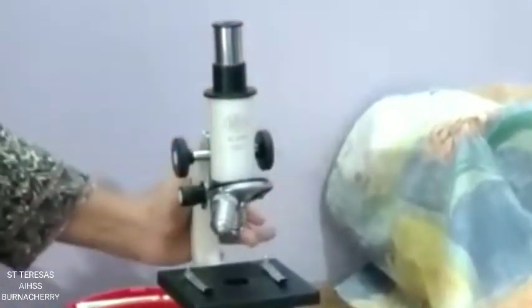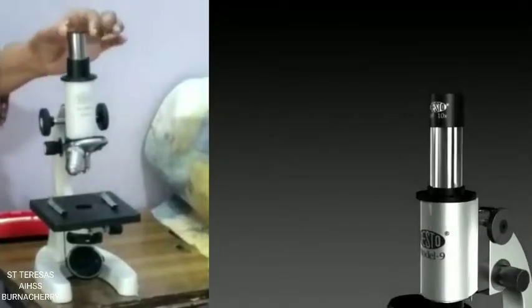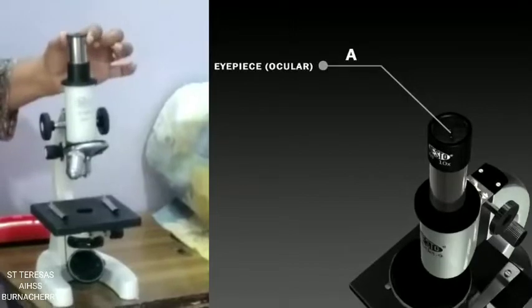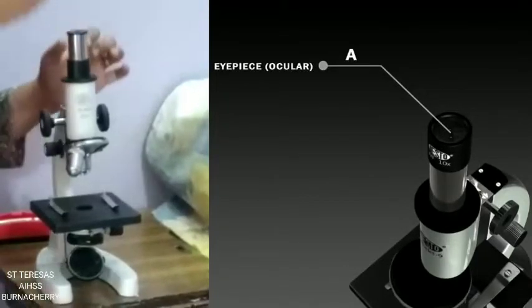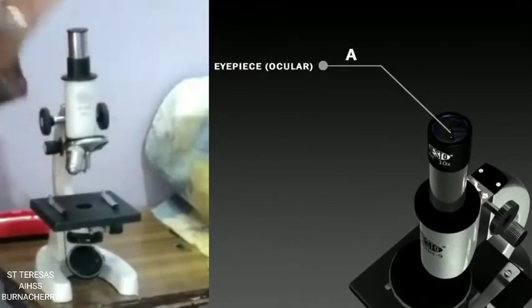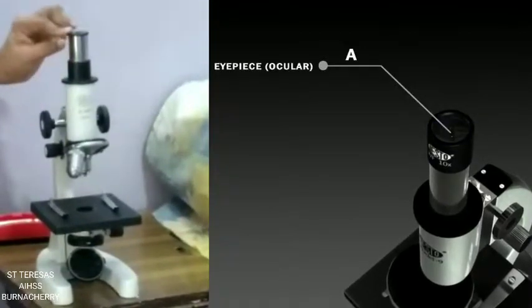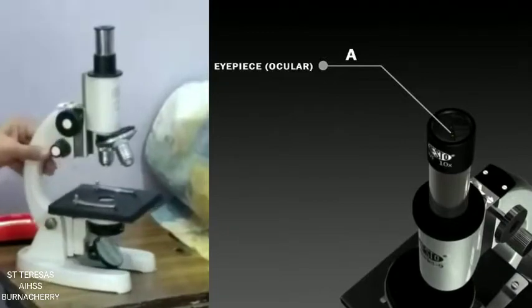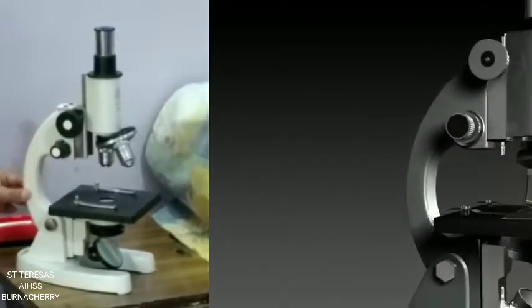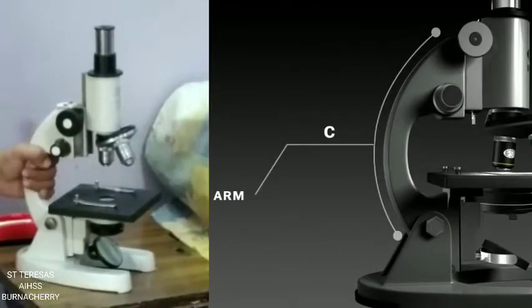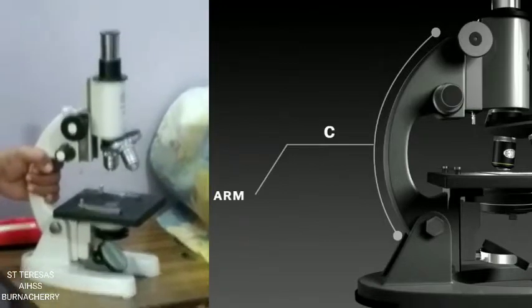So here we have the microscope. On top, this portion through which you look, we keep our eye like this and look through this. That thing is called the eyepiece. After that, to hold the microscope, you have a thing here where you hold it like this. This is called the arm.